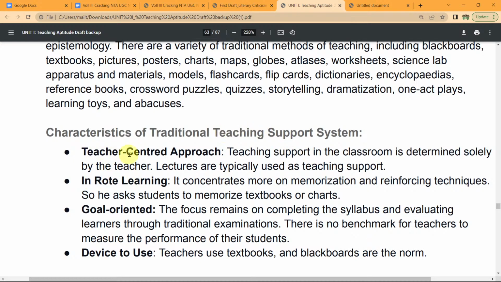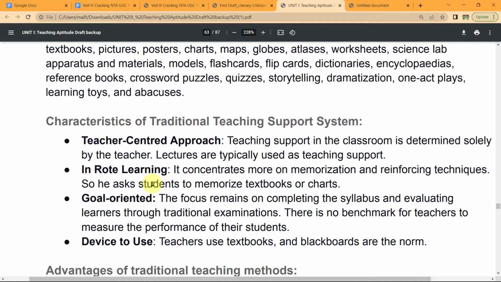First, it is a teacher-centered approach, where the teacher writes on the blackboard and the student learns. In rote learning, whatever the teacher writes on the blackboard, or whatever homework or notebook work he asks you to write, you have to memorize it, and that is part of the traditional teaching support system, which includes rote learning.